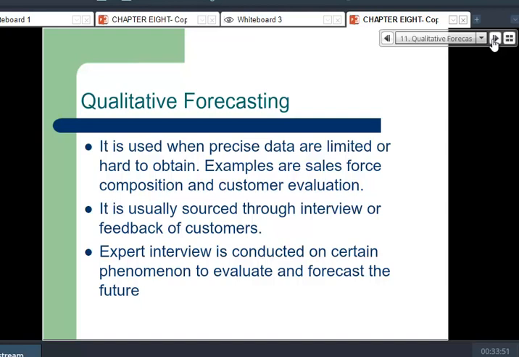We normally go through the qualitative when the numbers are missing and it is hard to explain. Examples are sales force composition and customer evaluation, which are both examples of qualitative forecasting.